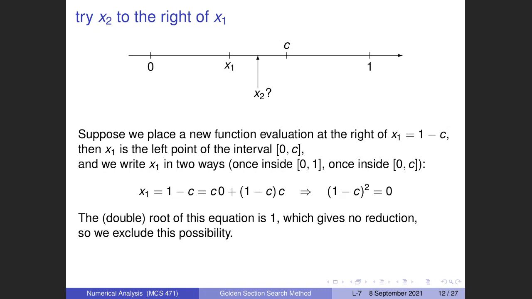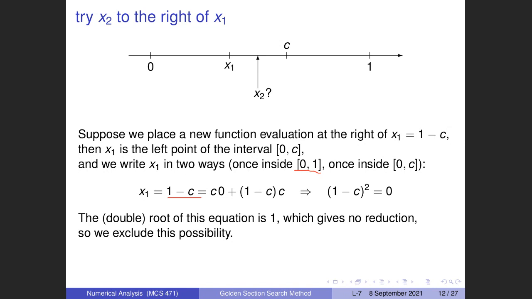So if we take x2 again to the right, then we apply this same formula, and actually we apply this to x1. So x1 remains to the left, at 1 minus c in the interval [0, 1]. So this is this formula here.